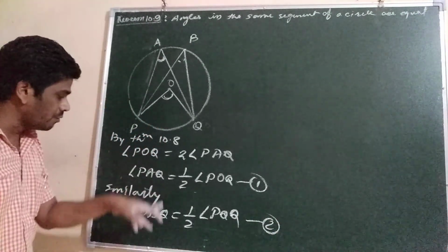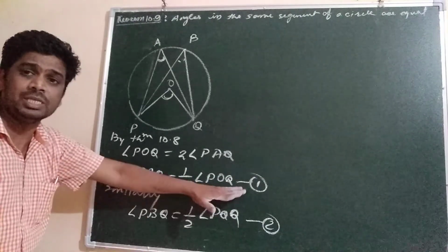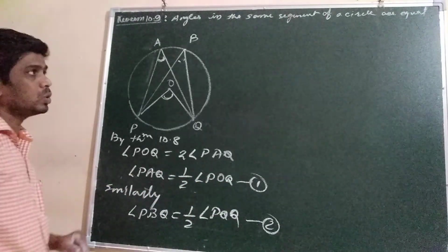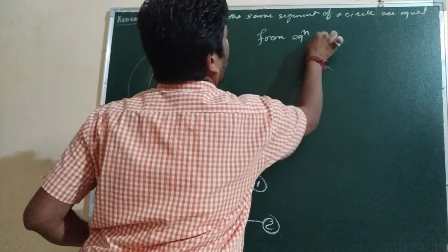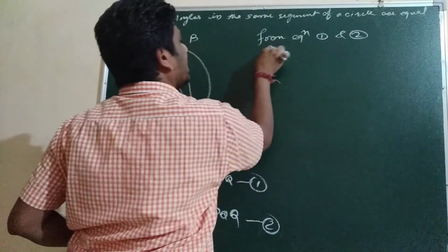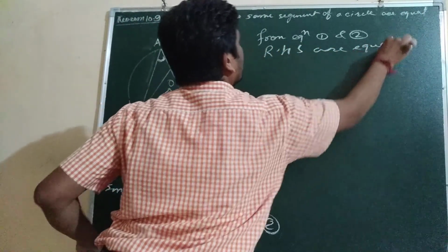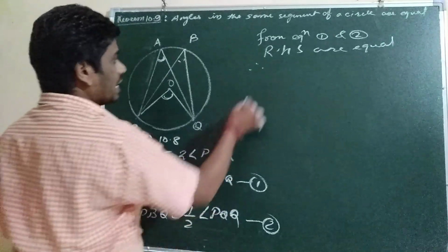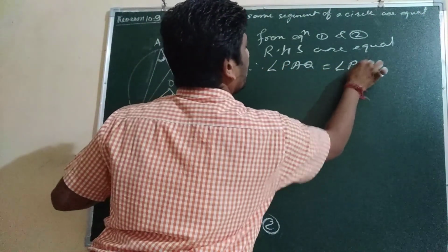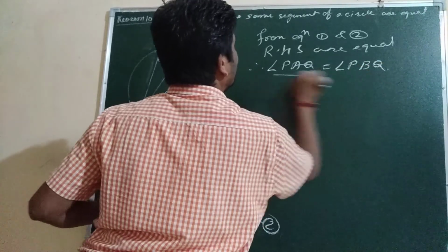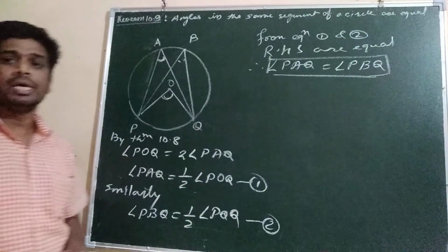So by equation 1 and 2, half of POQ, half of POQ, the right hand side is equal, so the left hand side will also be equal. So from equation 1 and 2, the RHS are equal. Therefore, angle PAQ will be equal to angle PBQ, which means angles in the same segment are equal.